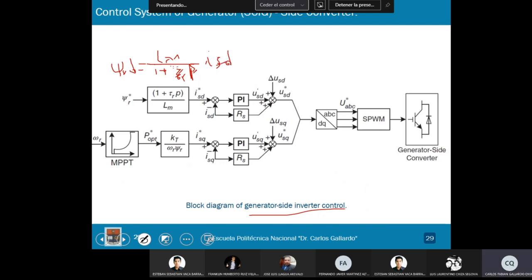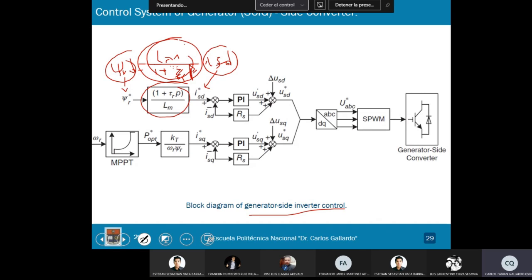Once again, the output is equal to the input times the transfer function. So I have here the output, here the input, and here the transfer function. This is my first equation in order to build the block diagram of the generator side inverter control.